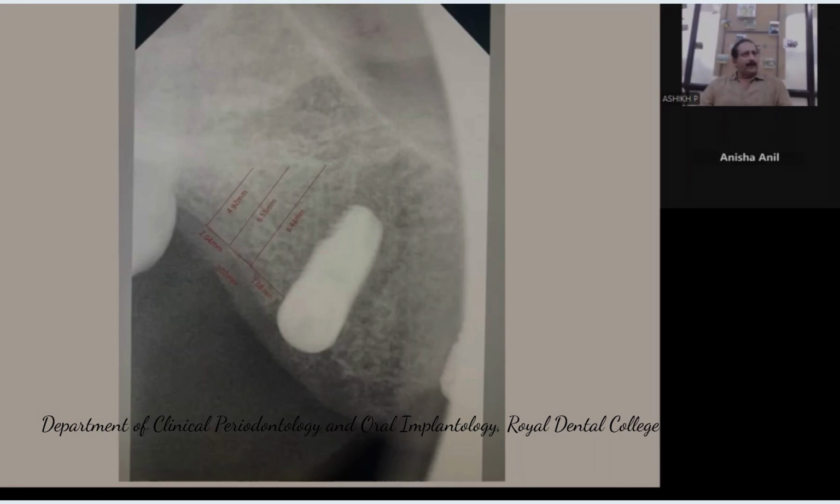Are you going to do it after extracting the tooth or keeping the tooth in place? Why? Absolutely right. You can measure 4 millimeters away from the crest right now itself with the tooth not being there. So you can go in for an extraction.